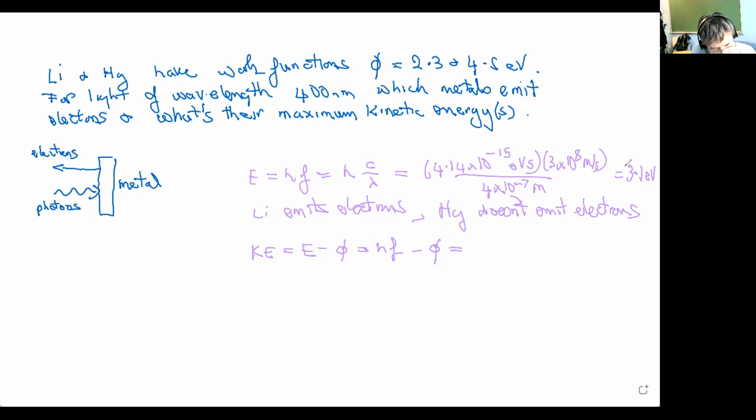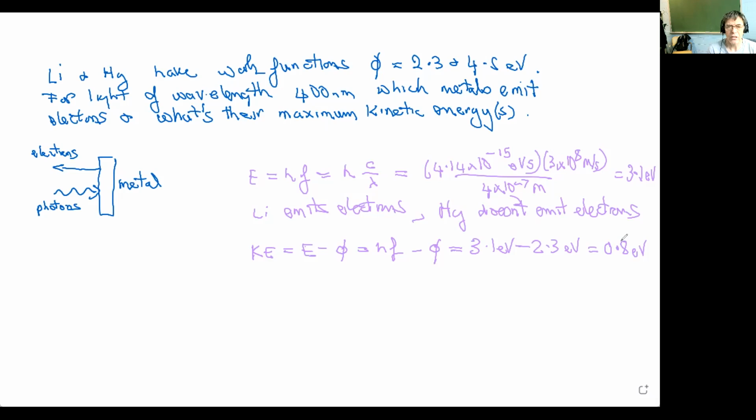So the energy of the photons was 3.1 electron volts. The work function of the lithium was 2.3 electron volts. And this I can do in my head. This gives me 0.8 electron volts as the maximum kinetic energy of the electrons that are emitted when 400 nanometer light is shone on the lithium.